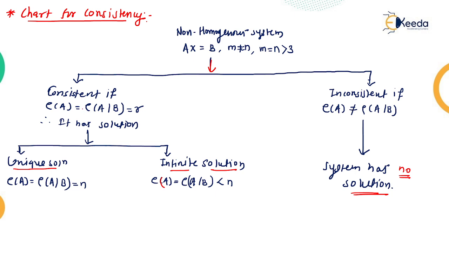If the system is consistent, then it has a unique solution, and if the system has infinitely many solutions, then the rank of A is equal to the rank of the augmented matrix is less than n. So this is the concept of consistency. I hope you are getting this very well and understanding this very well. Consistency of non-homogeneous system.